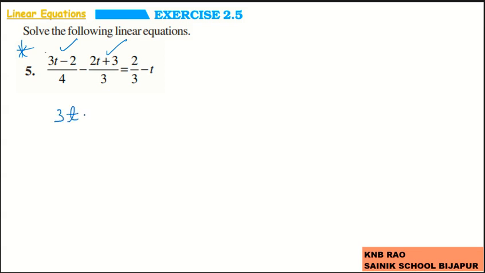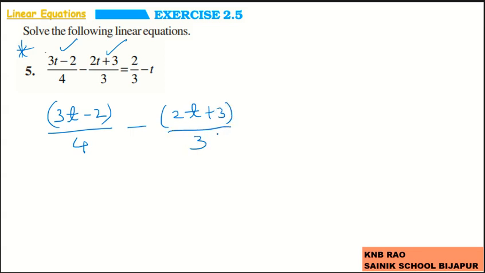Whenever you have a binomial, two terms whole upon 4, minus this 2t plus 3, put it within a bracket, (2t plus 3), that whole upon 3.